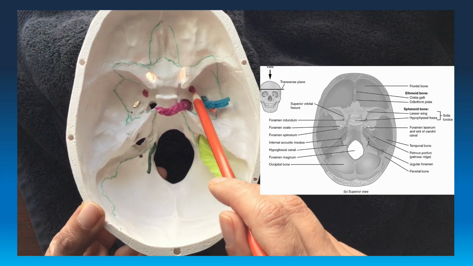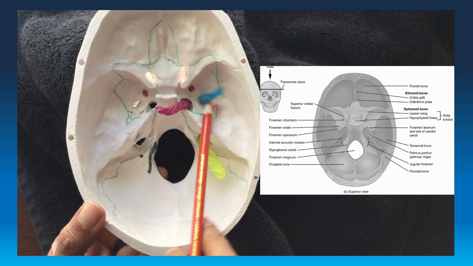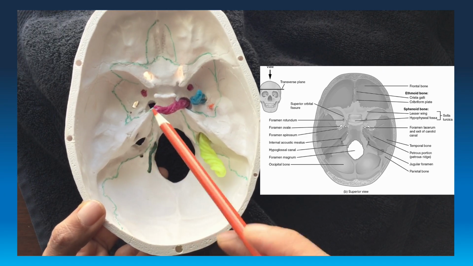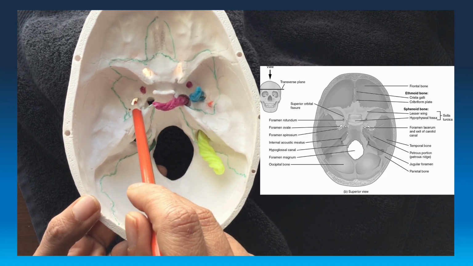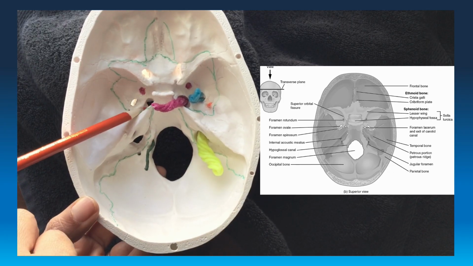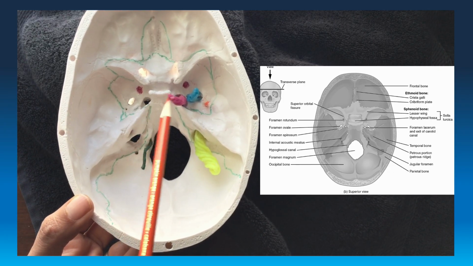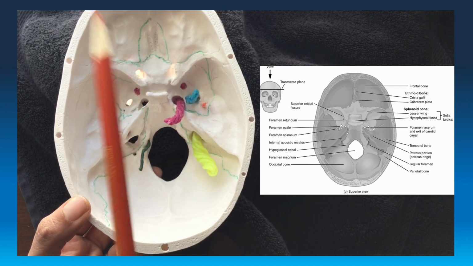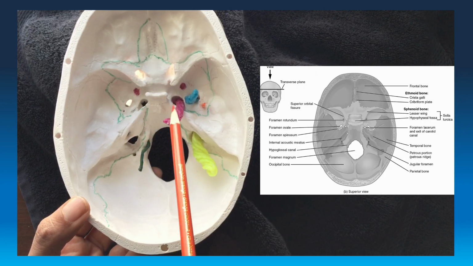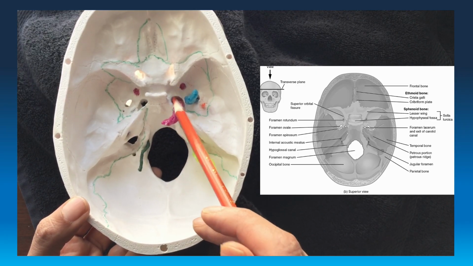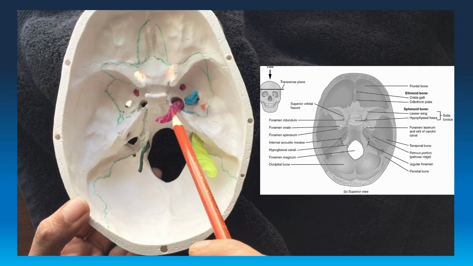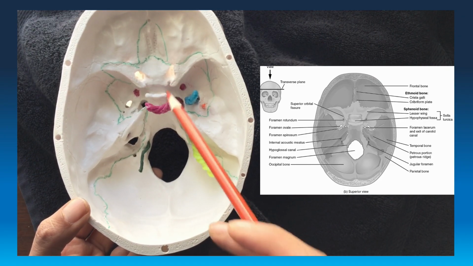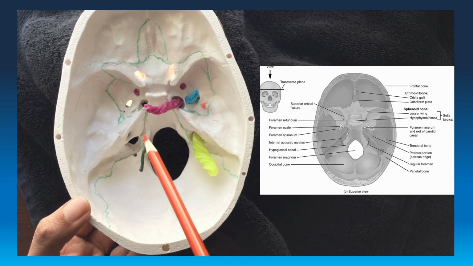On this side you can see here is rotundum, here is ovale, and then this is spinosum. Now adjacent to the ovale is this purple structure here, that is going to be your foramen lacerum, and this actually houses the carotid artery. So I think about it this way, like you don't want to lacerate your carotid, right? So that's how I remember foramen lacerum has that structure going through it.